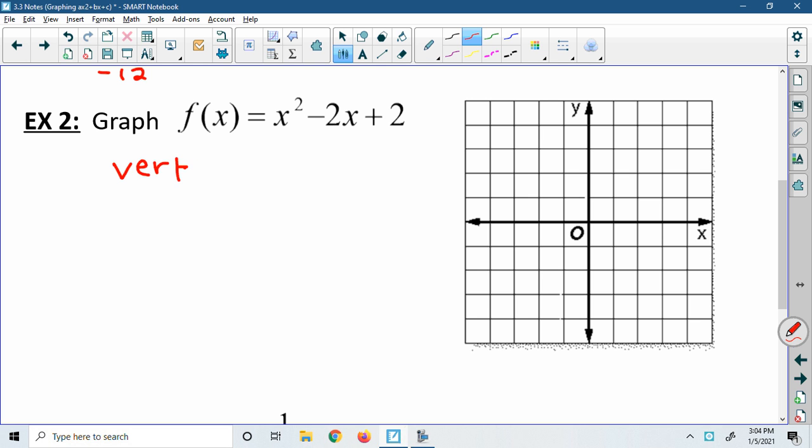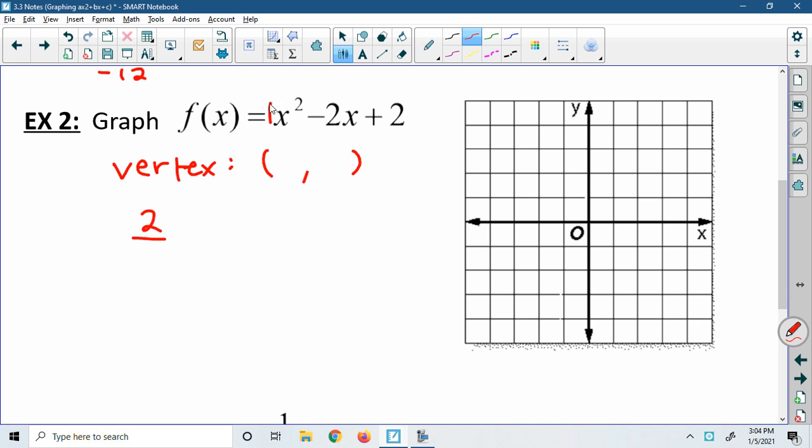Same process. We're going to find the vertex first. The x-coordinate of the vertex is going to be negative b, which if our b is already negative 2, if we have negative of negative 2, or the opposite of negative 2, it would be positive 2, over 2 times a.